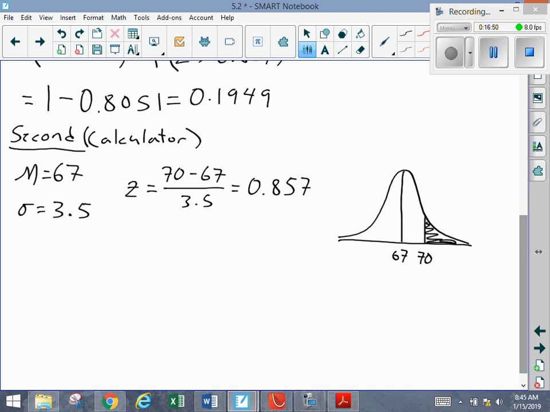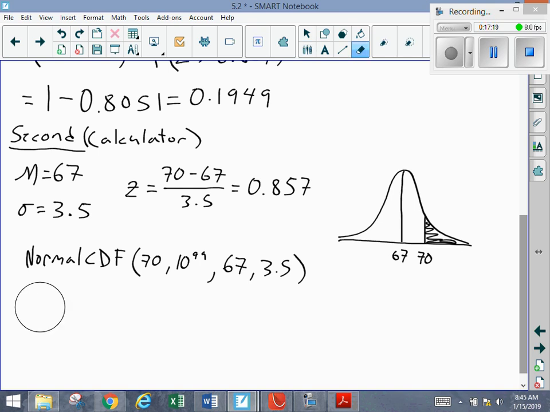And then rather than doing all that probability stuff, what you can do is say your answer is normal CDF, and you put your lower, upper, mean, standard deviation, and you can say that this is equal to, or you can put it right at the end, whatever you want.